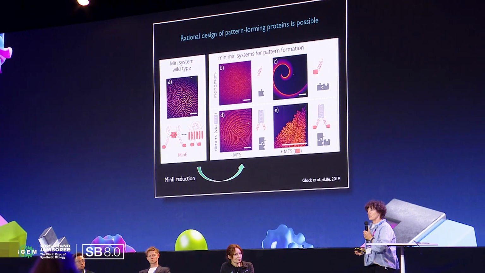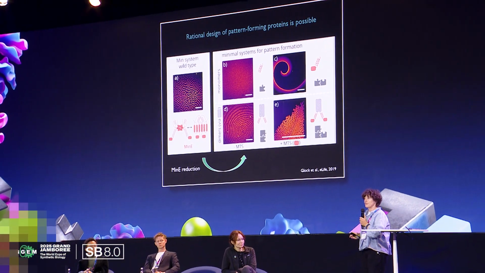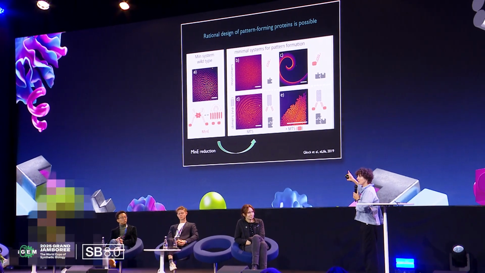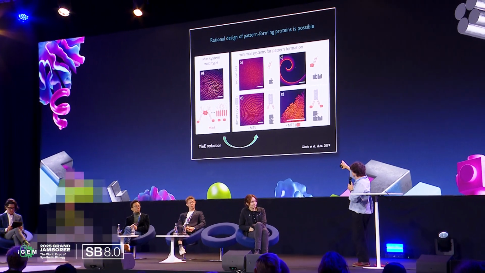And we found that you can actually chop away a lot of the functional elements, and you can actually remain with a little helix, a peptide helix that is supposed to talk to the other Min protein. And you can either attach the peptide helix to the membrane, or you can dimerize it, and both give you a functional self-organizing protein. And of course, this leaves us with the fully new perspective of building proteins from scratch.